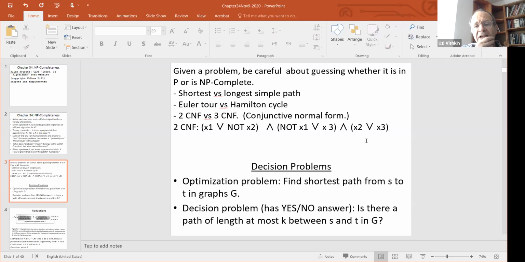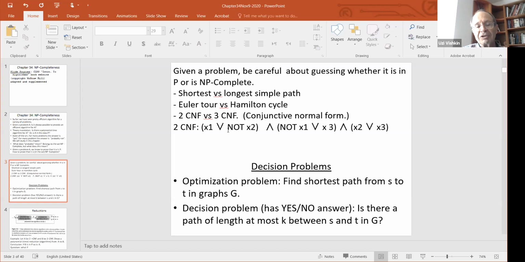Why is it so simple, or not very difficult, if you will, to give an efficient algorithm for 2CNF? The answer is that if you assign a truth value to x1, suppose you assign to it false, what do you force x2 to be? You assign it to be false, right?